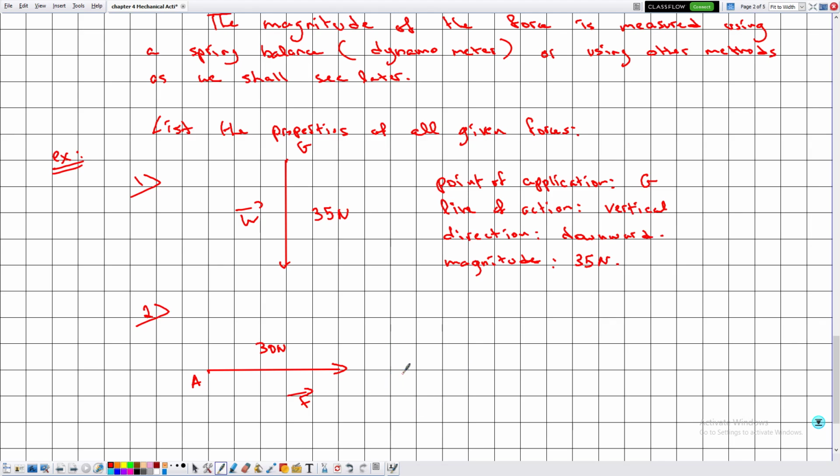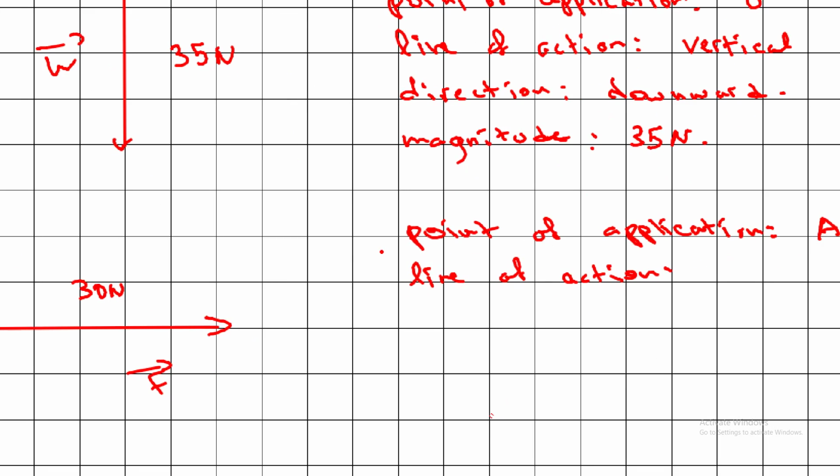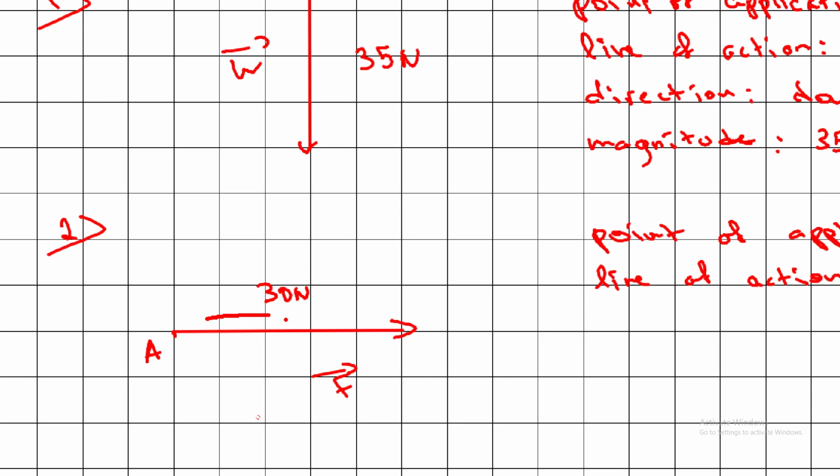Now let me say that the point of application is given by A, and notice that I'm listing these properties according to the PLDM order. Now the line of action, this is the horizontal.